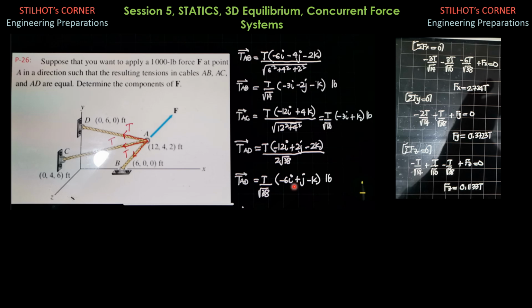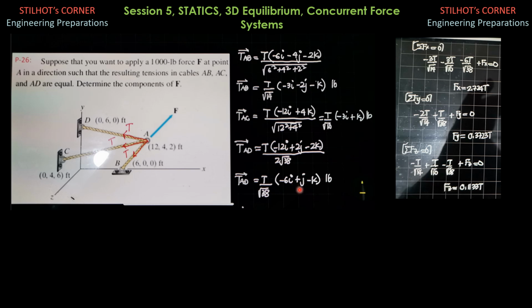Then for summation forces along Z, we have for AB negative t over square root of 14. For AC, it is t over square root of 10.